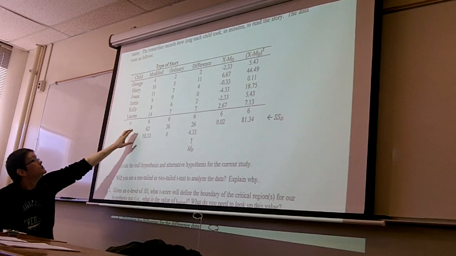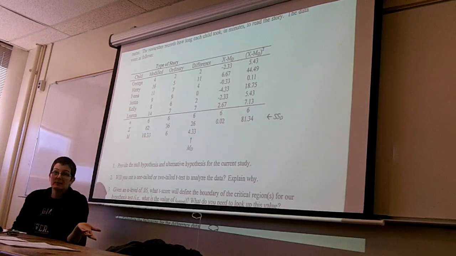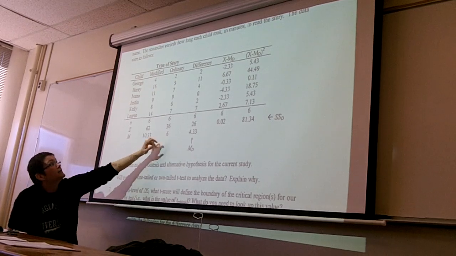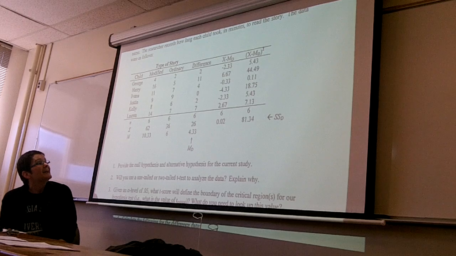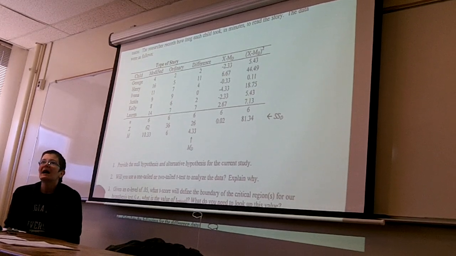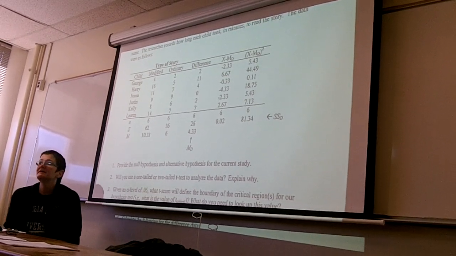So you can see here, the average for the modified group is 10.33, just like it was last time. Hasn't changed, same numbers, should be the same average. And the average for the ordinary group is 6, just like before. Now, what's different here is that I have calculated a new column of data, which is the mean of the difference scores.